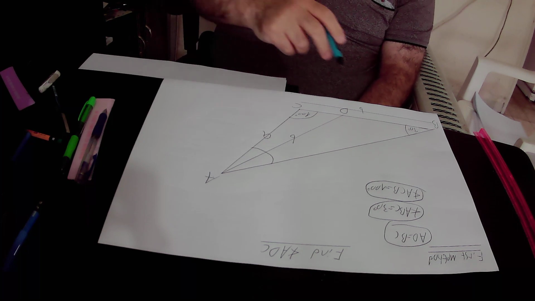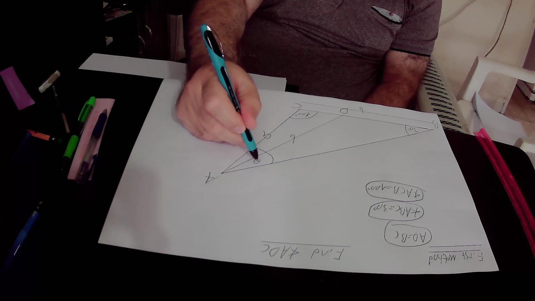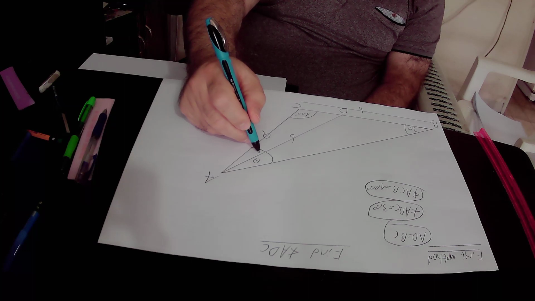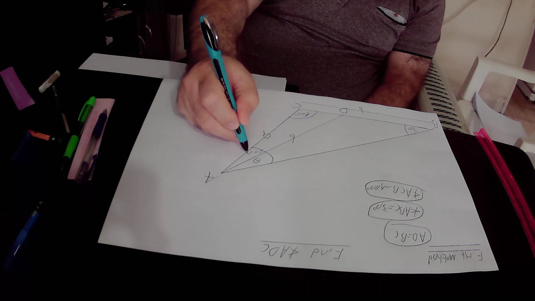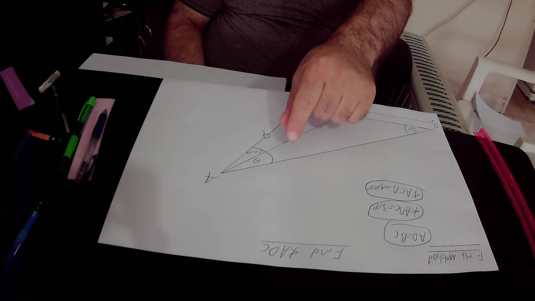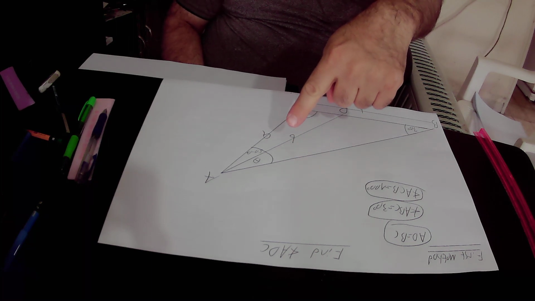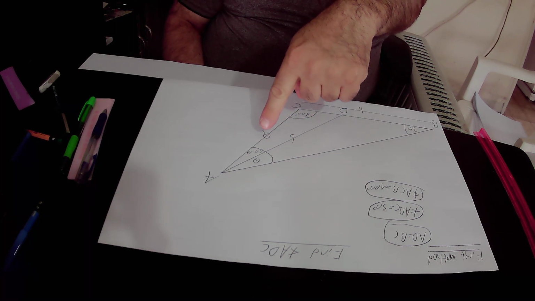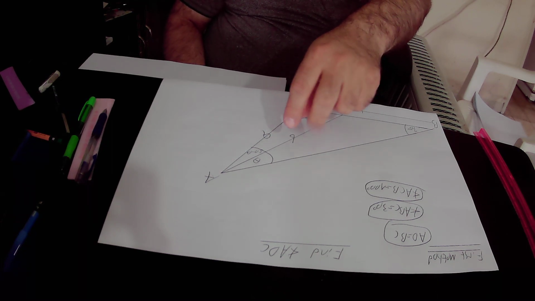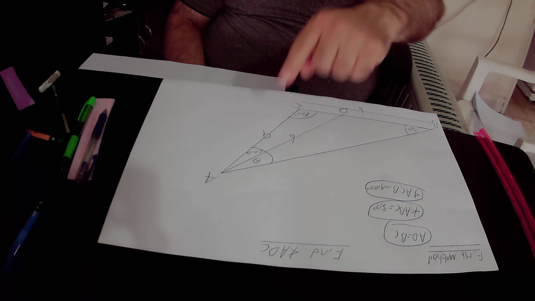So if we define angle BAD as theta, then angle DAC must equal 50 degrees minus theta, because the sum of those two angles must equal 50 degrees. That is to say, 50 degrees minus theta plus theta equals 50 degrees.